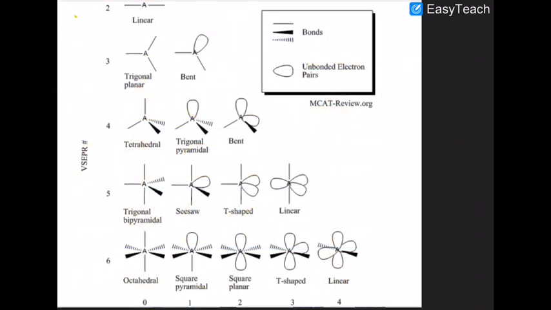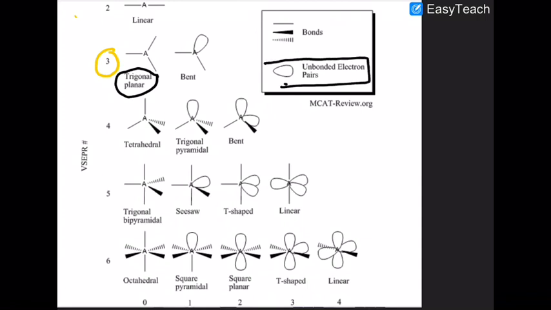Now look here, if there are three electron pairs, and all three of them are bond pairs, then it will be a trigonal planar geometry. But in that case, you can see here, this type of orbital structure means the presence of a lone pair.